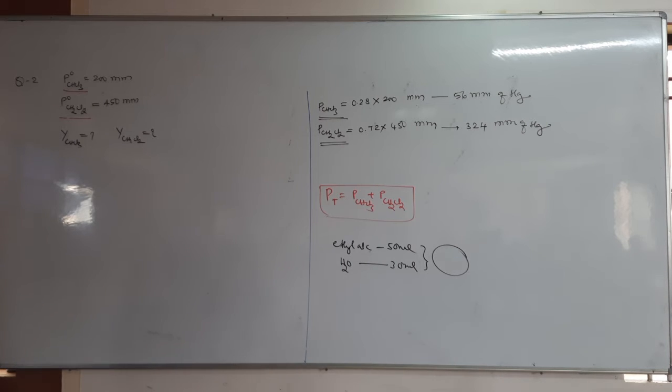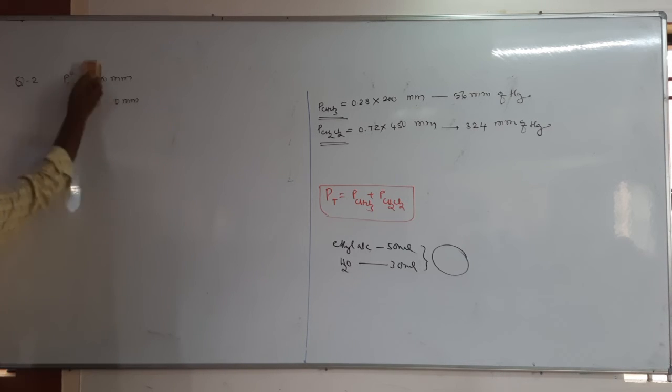Option A, 320. Option B, greater than 320. Option C, less than 320. Option D, cannot be predicted. 320. Why? Because it is an ideal solution.